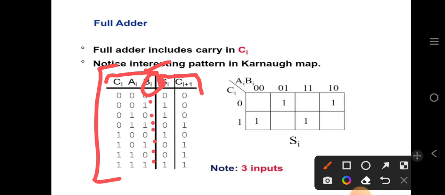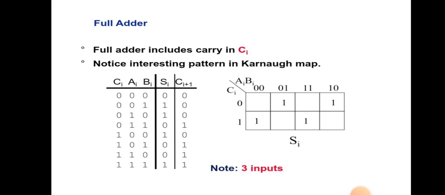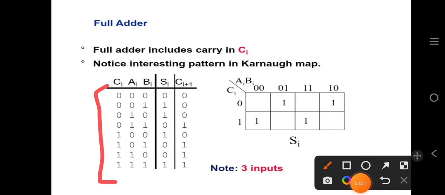I am explaining this only so that you can remember how to write down the inputs. You can also remember it like this: 0 0 0, 0 0 1, 0 1 0, 0 1 1. This is nothing but binary coding. We start from 0 and there are total 8 combinations, up to 7.